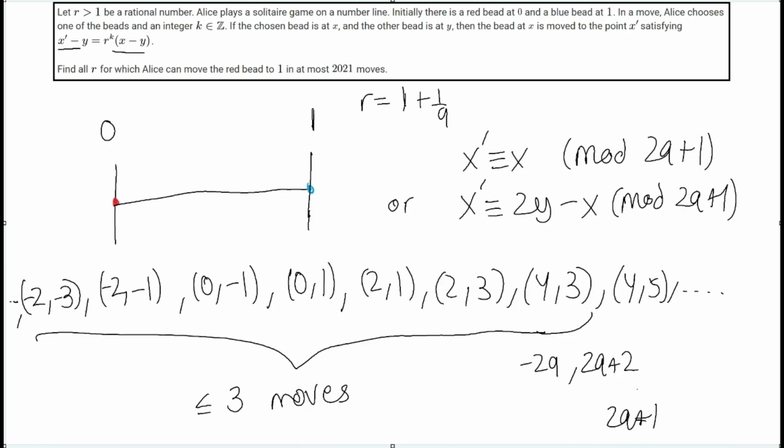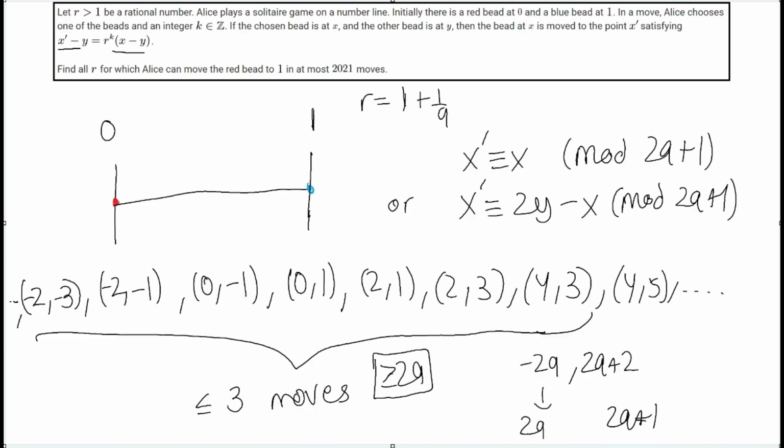On the other hand, to get to -2q, to get to -2, it takes 2 moves. To get to -4, it takes 4 moves, and so on and so forth. So this will take 2q moves to get to. In all cases, it requires at least 2q moves to get to a number that's equivalent to 1 modulo 2q plus 1, which means that the number of moves in order to move the red bead to 1 is at least 2q.